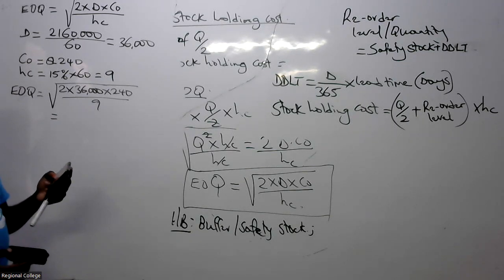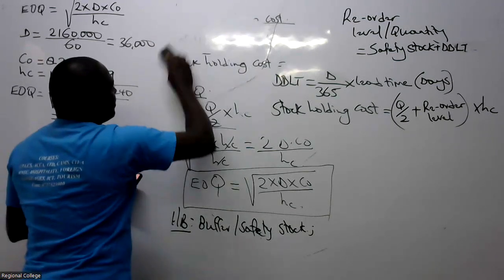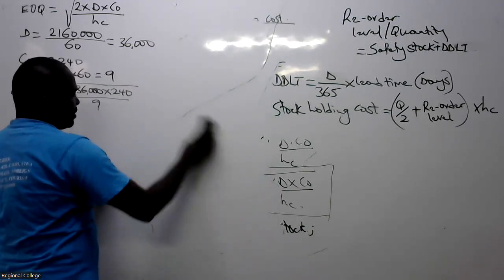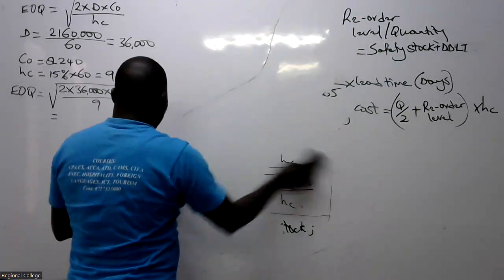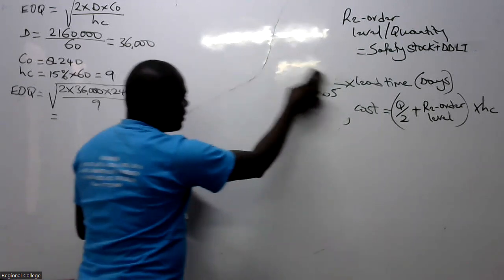We are looking for the quantity. Look at note number 1. You're being told that annual purchases is of how much?